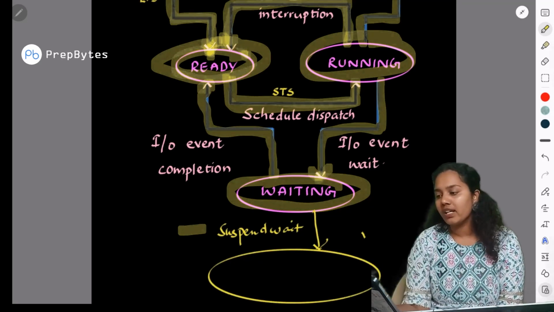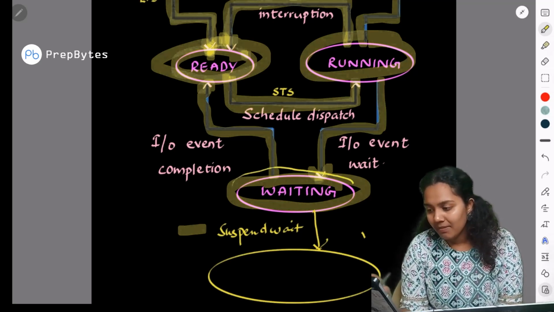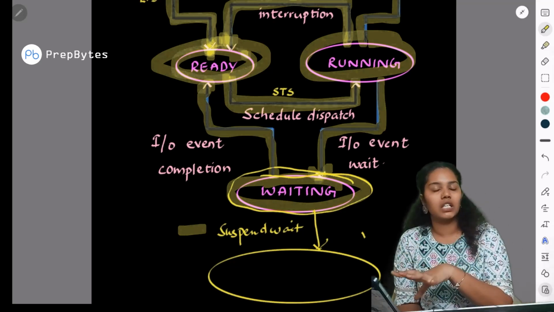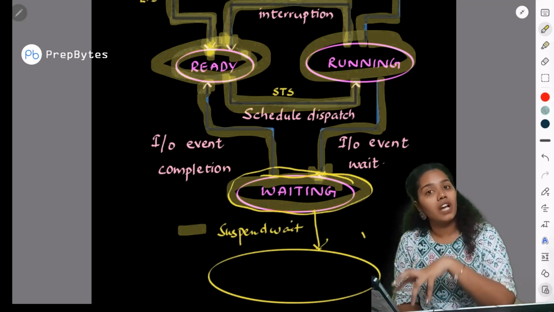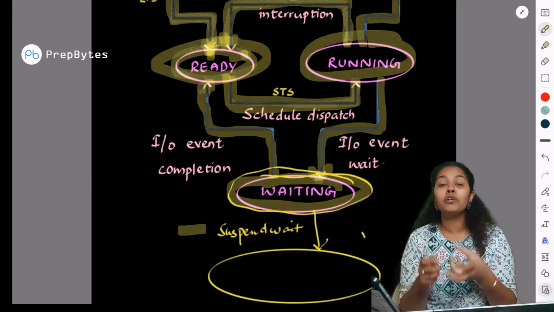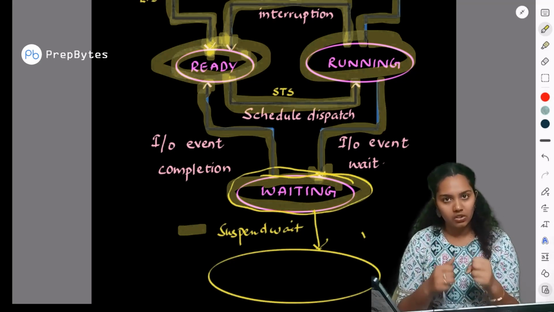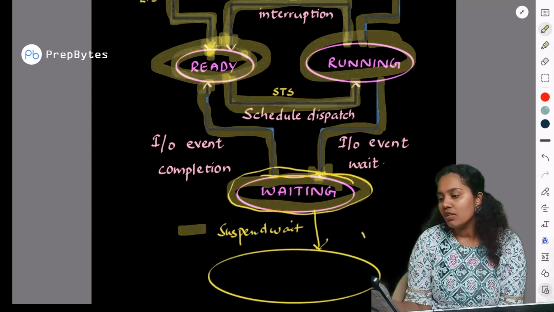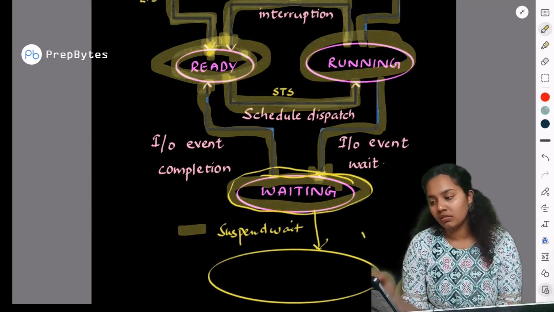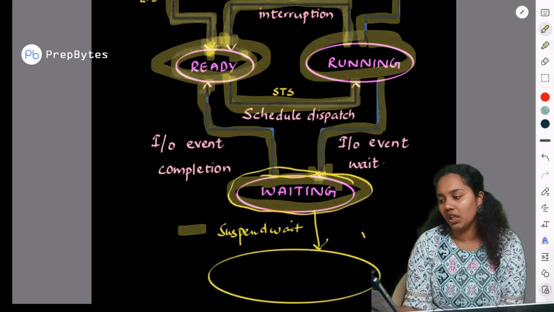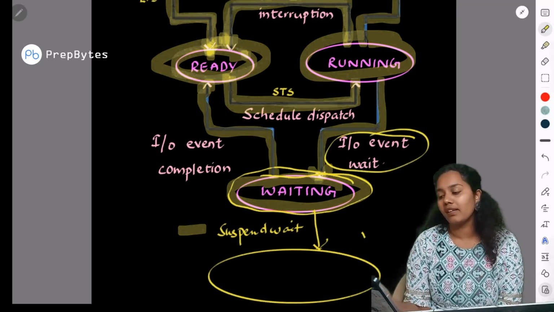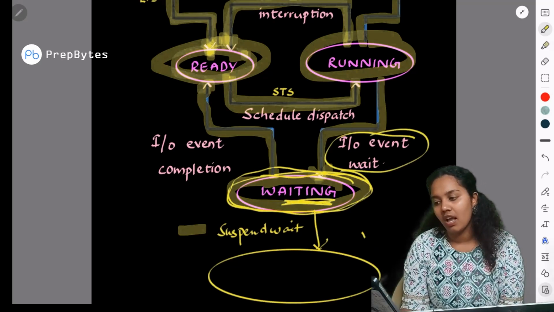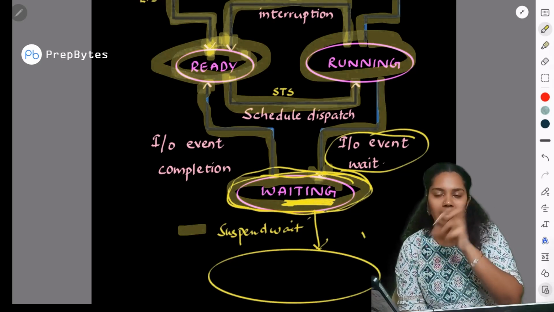Why? Because whatever the states we are taking, whatever processes we are loading are present in a queue format, the same as the queue data structure. Whenever we are talking about IO event waiting, input output devices waiting, sometimes there might be a chance that this waiting hall might be full.